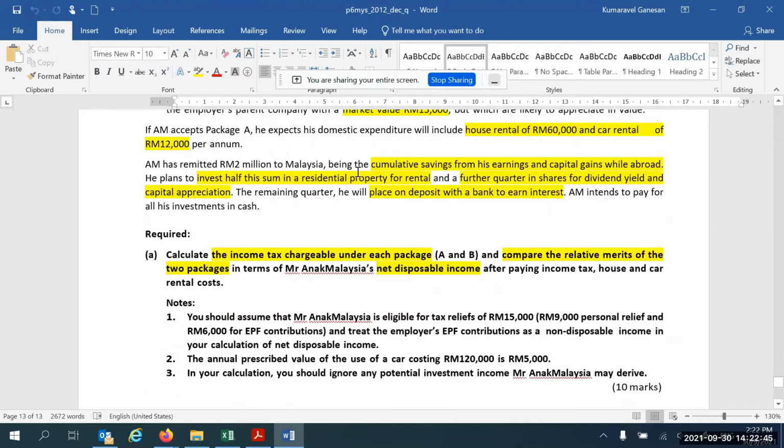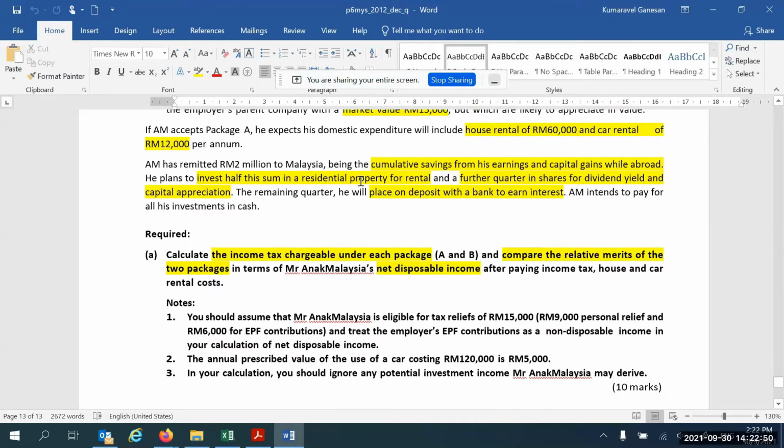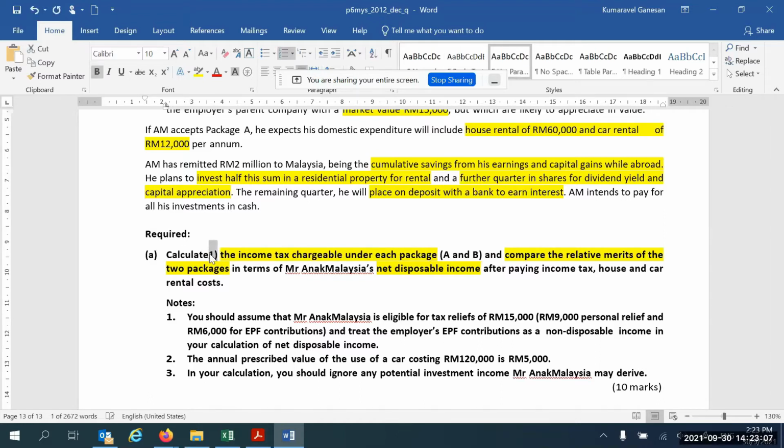Okay, we'll take a look. Now, always, like I said, look at the requirement first. Sorry, there are two. Calculate the income tax chargeable.